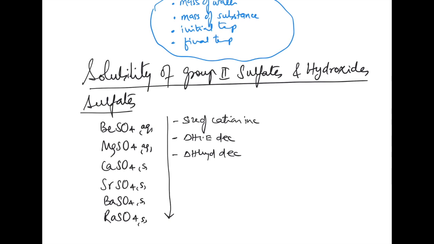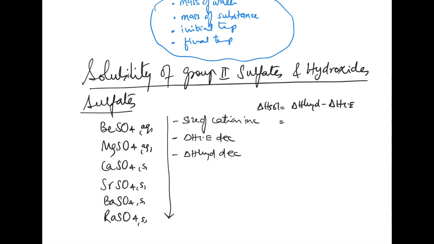But how do they actually explain enthalpy of solution? So let's see some hypothetical values and then I'll explain you the concept. Let's say enthalpy of solution is equal to hydration minus lattice. Now I'm taking hypothetical values. Now barium sulfate is aqueous, so it means that its enthalpy of solution should be exo.